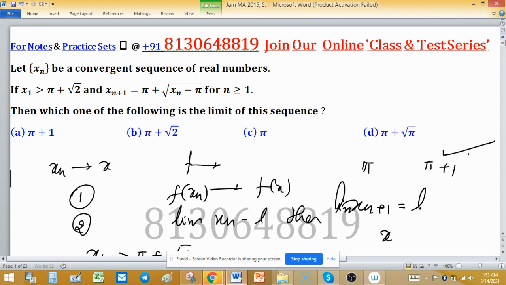This is true because, at the starting point of this video, I showed how this sequence has decreasing terms. So you can say that the limiting value of this sequence is pi plus 1, not pi.